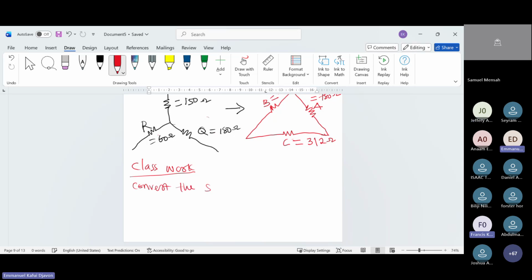The star network to delta. So let me draw it very small here. We said this is P, this is Q, and this is R. So here, 6 ohms, 5 ohms, and 7 ohms.